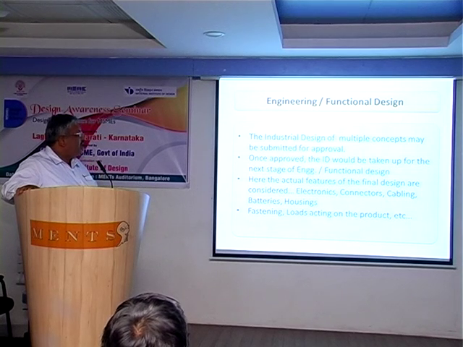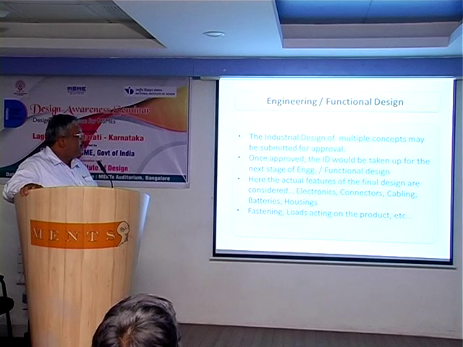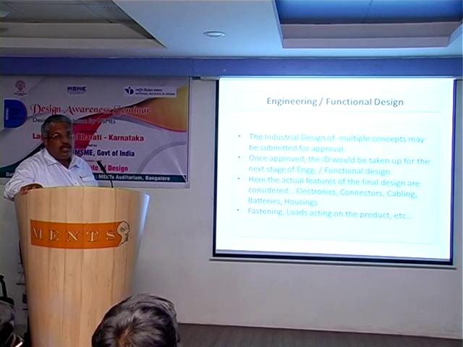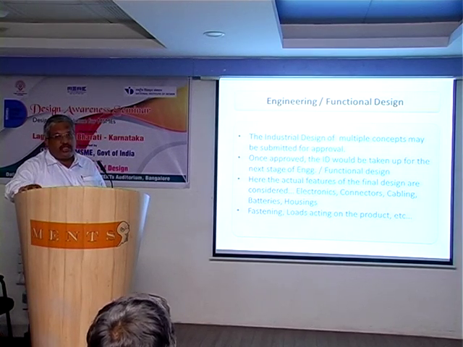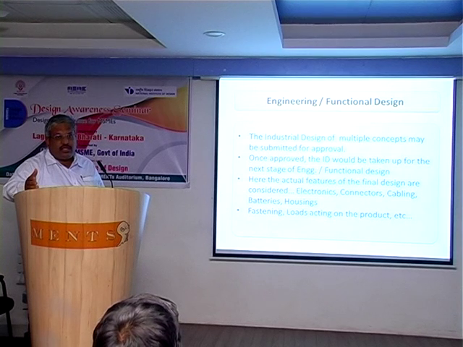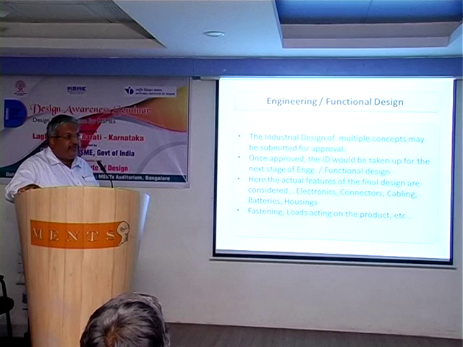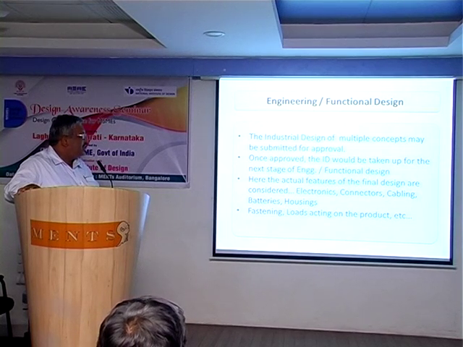Usually in engineering and functional design, multiple industrial designs may be submitted for approval, and we work with the customer as to what is the suitable design that the customer likes. Based on that approval, we go on to the next stage of engineering or functional design.